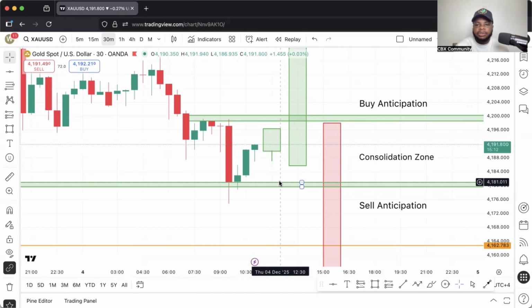If the candle doesn't want to bless you today, or if the candle refuses to get to your take profit, you know how to manage your risk. It is very important. There is no two ways about it. Everything I just said right now, that's just what trading is all about.